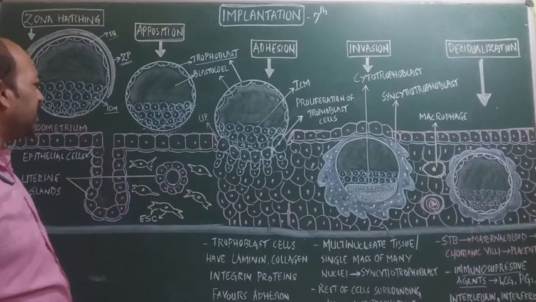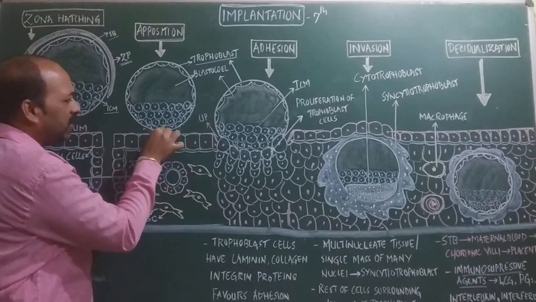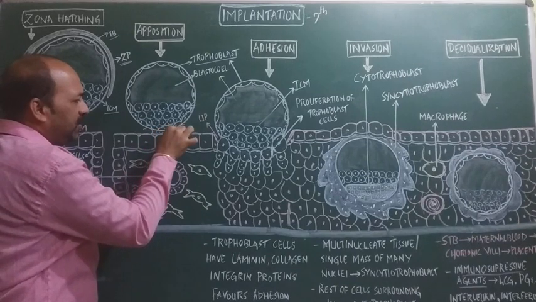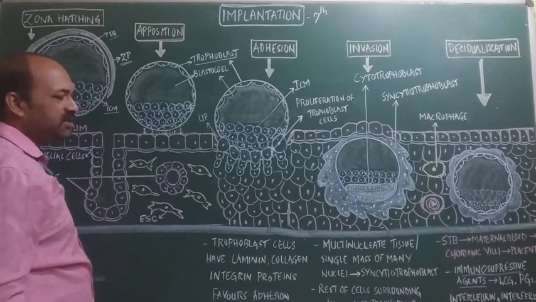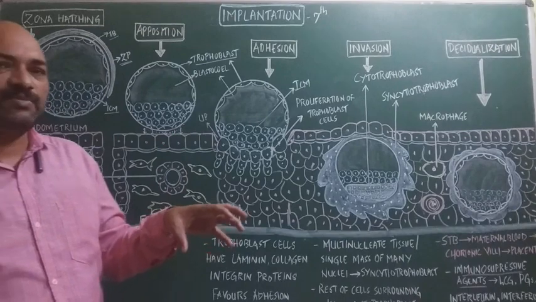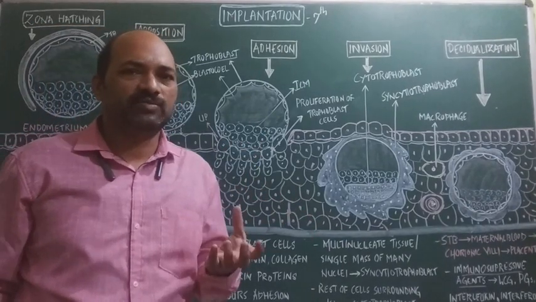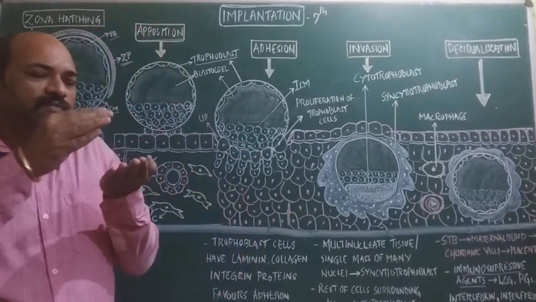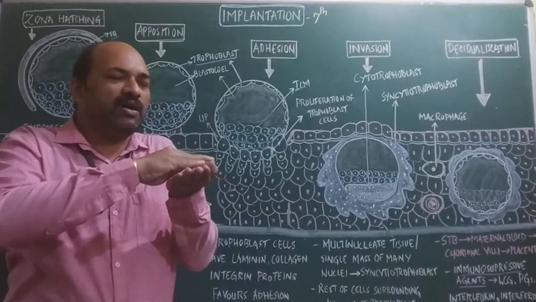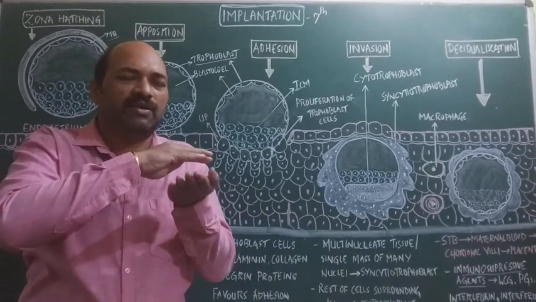These lytic enzymes start acting upon the lining of the endometrium, and there is a formation of a crypt, or you can call it a valley or a pit.